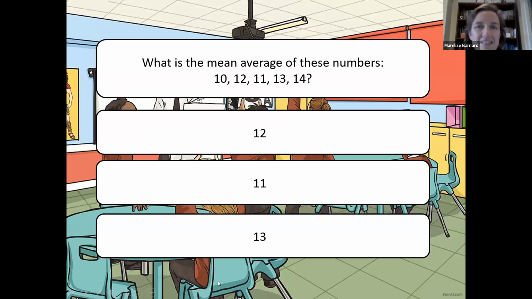Next one. What is the mean average of these numbers? Who's quick on the calculator? Put it in the chat as soon as you get it. What is the mean average of these numbers?